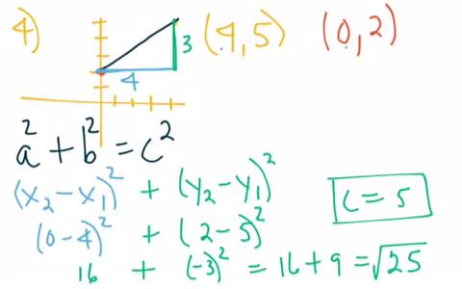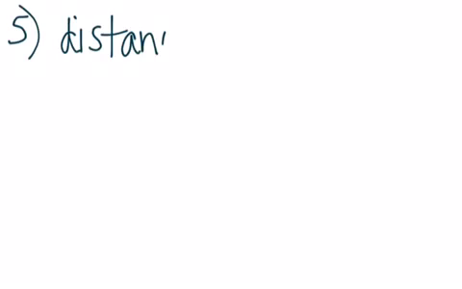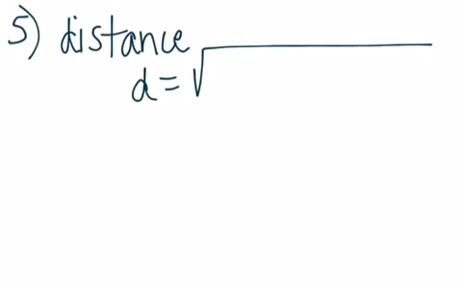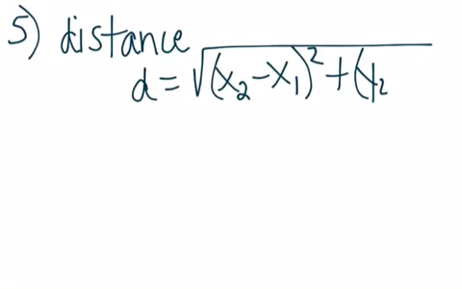If you don't follow the logic behind where the x2, y1, and so on came from, you can simply use the formula, which is what I'm going to do on number 5. On number 5, the distance formula is the square root of x2 minus x1 squared plus y2 minus y1 squared.